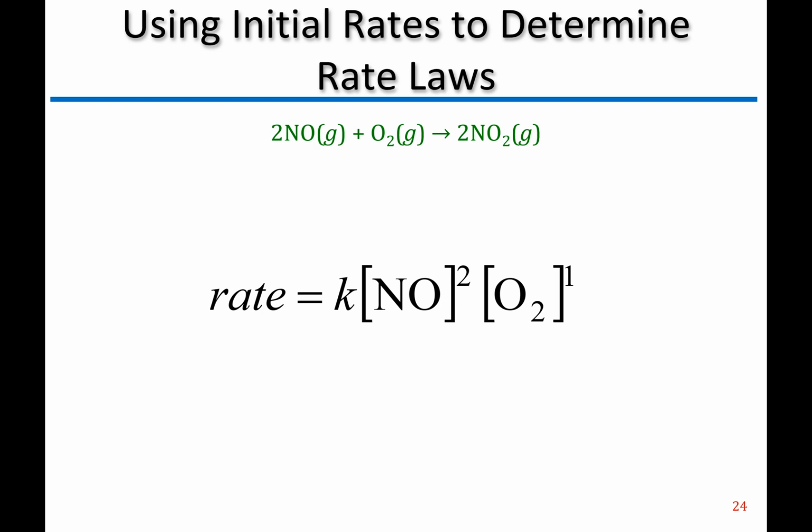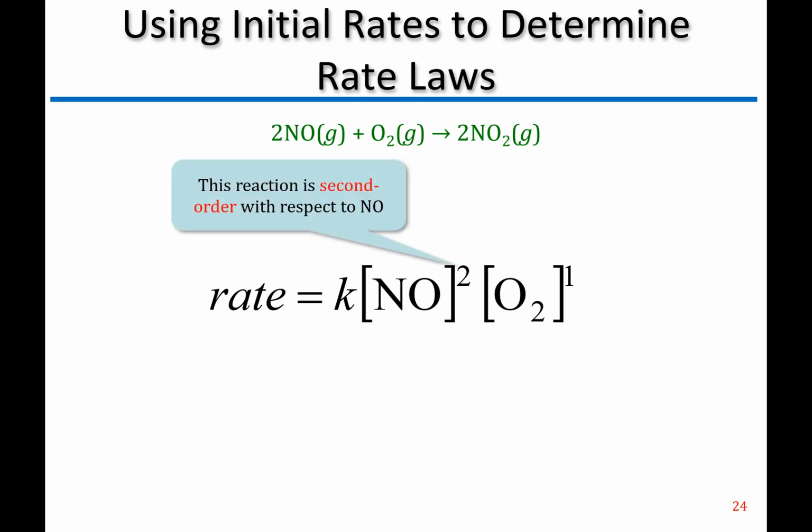Okay, so I can write the rate equation for this particular experiment, which we just found. Rate is equal to the constant times the concentration of NO squared times the concentration of oxygen raised to the 1st. So, with respect to nitrogen monoxide, the reaction order would be 2. So it's 2nd order with respect to NO. With respect to oxygen, it will be 1st order.